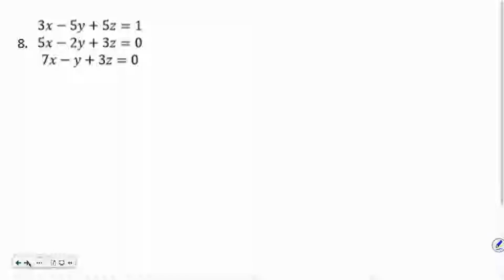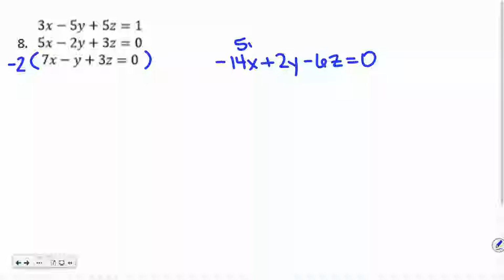So, what we can do, what would we need to multiply this one by? We would need to multiply this by -2 to make it -14x plus 2y minus 6z equals 0. And then if we use our second equation, you can see that our y's are opposites.